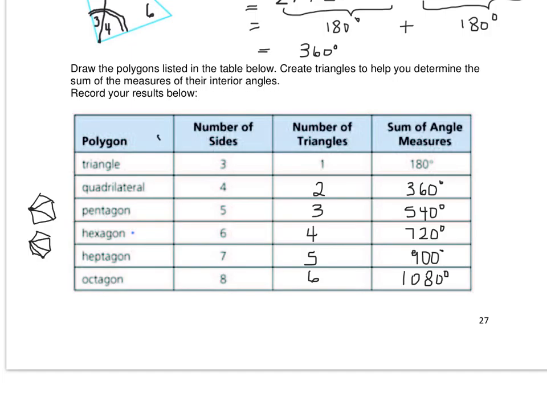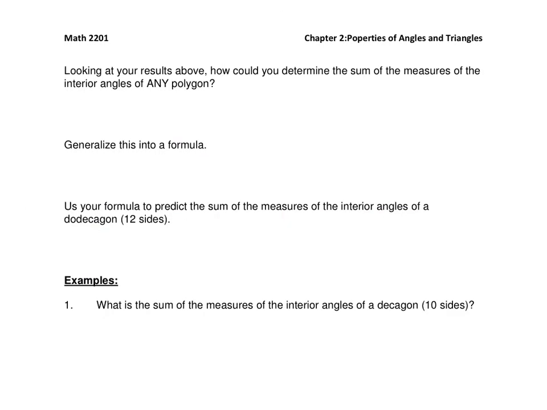And that leads us to the next, which is we can generalize this into a formula, that the sum of the interior angles would equal n minus 2 times 180, because basically if you look back at those examples that we did, the number of sides take off 2 would give you the number of triangles that you would get created in that polygon, and then you can multiply that by 180.